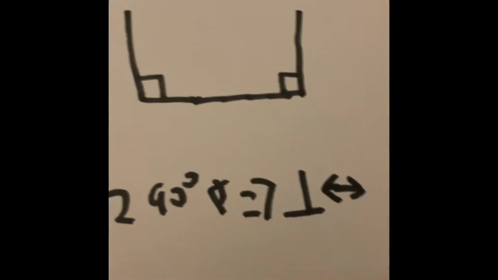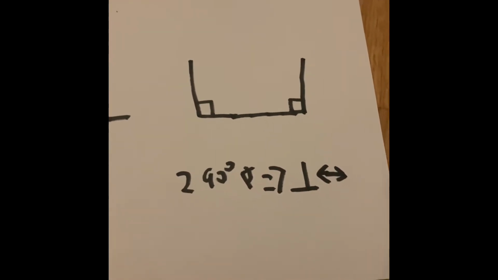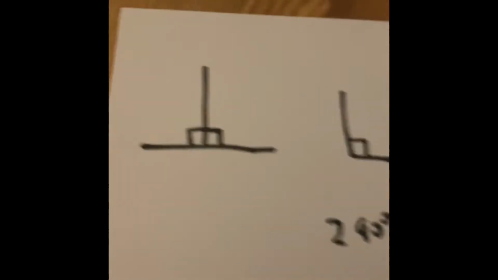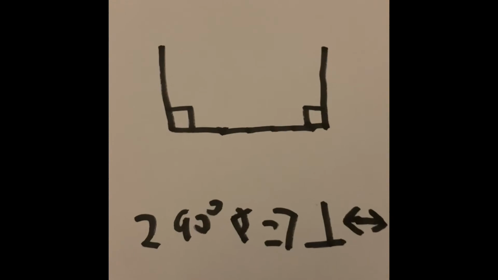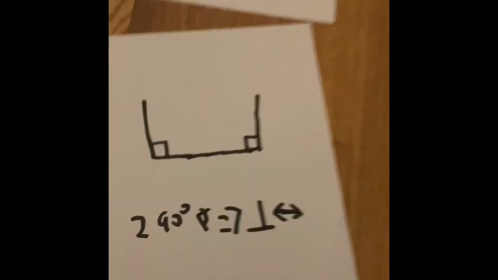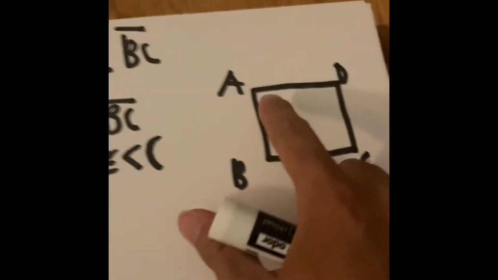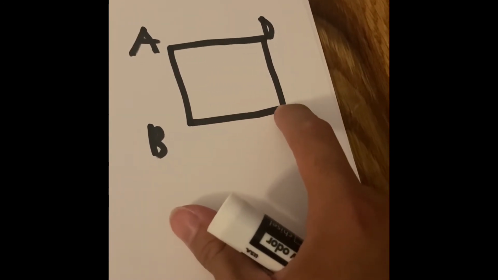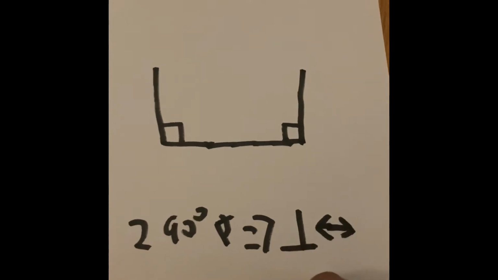So the only rule is you must have two 90-degree angles. This is how you normally see it, but this is another way of seeing it. That's why you probably got confused when it said that this is perpendicular to that. They're not exactly back to back like this, but they can look like this, and it's still following the rule.